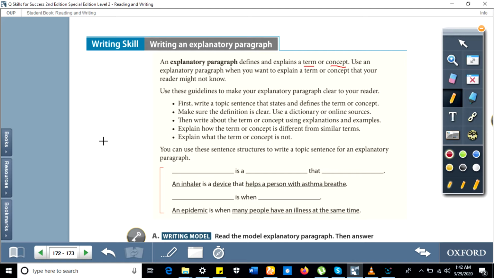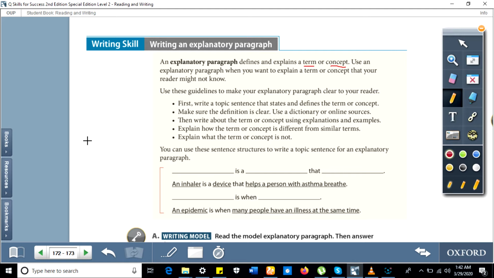But with the passage of time, when you keep on practicing, you will no longer need this dictionary. But in the beginning, if you want to, it's better, it's convenient. Then you need to explain the term and the concept with different examples.